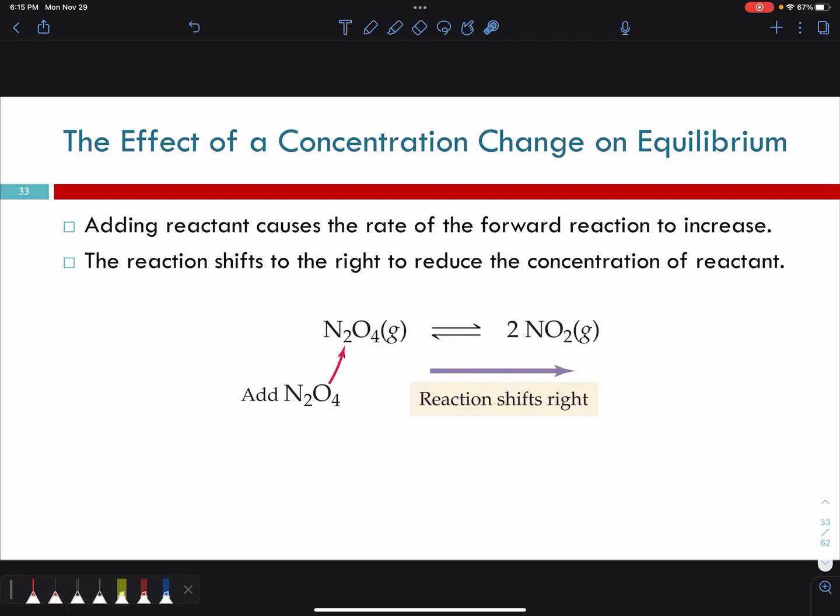So if adding product caused us to shift to reactants, adding more reactant will cause us to shift to the products, because we're increasing the forward reaction rate.